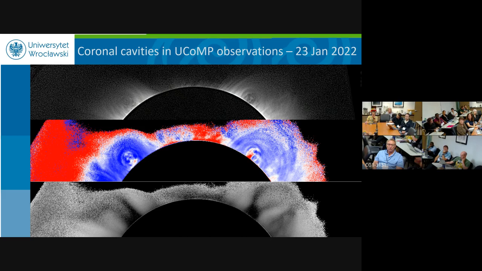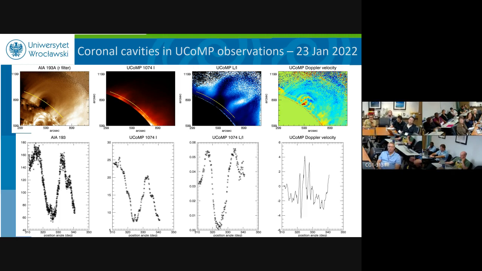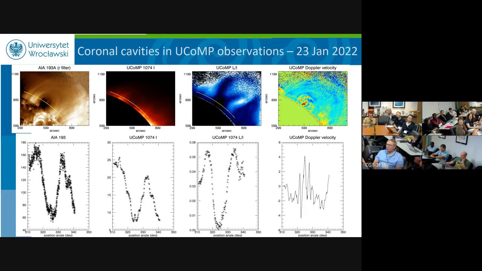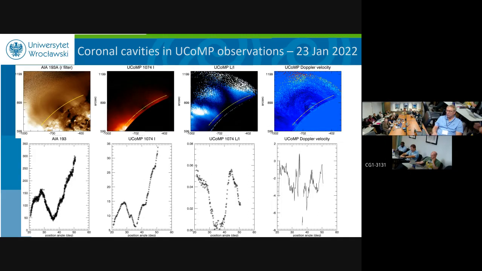Another day we can see Doppler velocity, linear polarization, and again some profiles. This is another day, 23 January, and you can see also Doppler velocity. So it changed again.